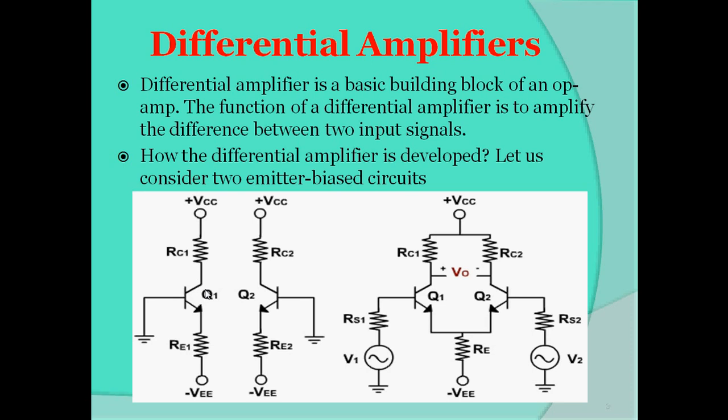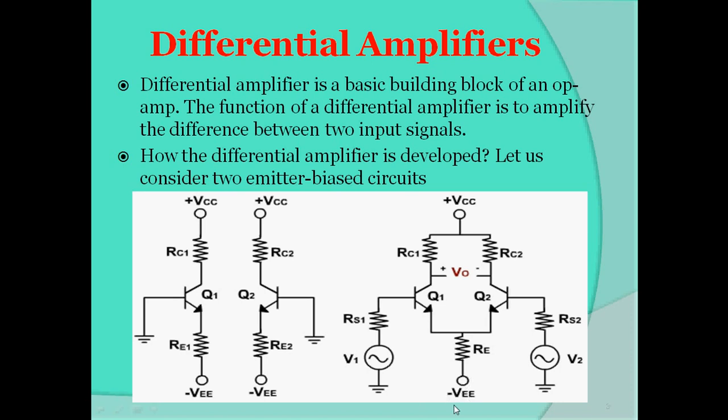To obtain a single circuit differential amplifier, we have to connect these two emitter bias circuits such that we reconnect the plus VCC of both the transistors, and these voltages are connected such that they have the same polarity and amplitude. Similarly, reconnect minus VE of both the transistors.